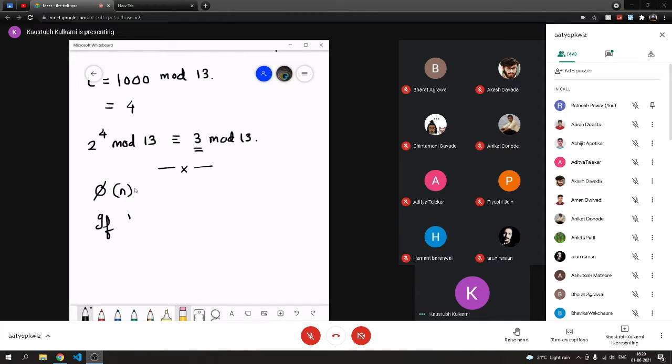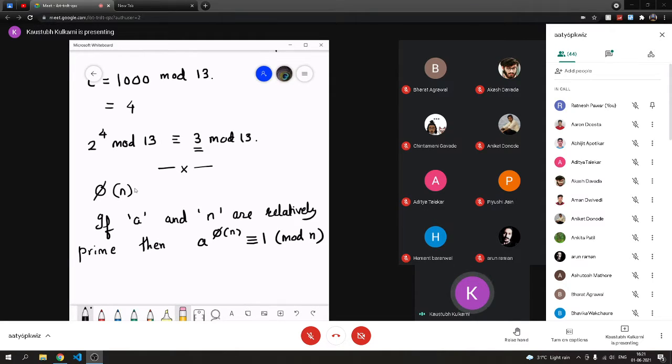The theorem says if a and n are relatively prime, that is the GCD is 1, that is they do not have any common divisors, then a raised to phi of n is congruent to 1 mod n.